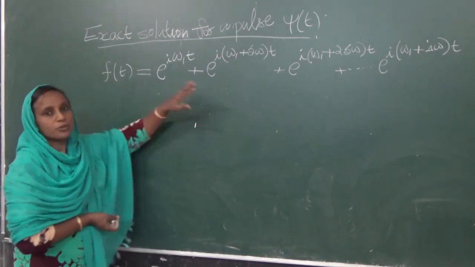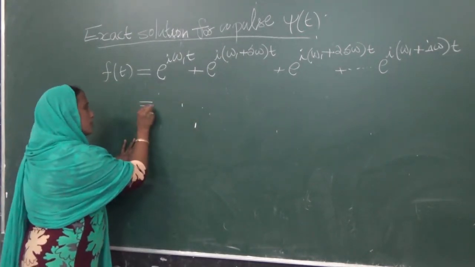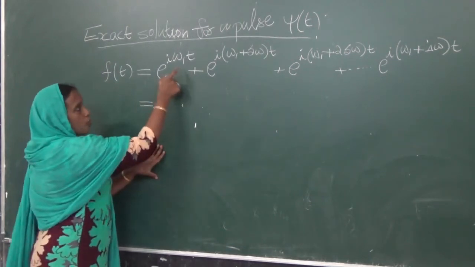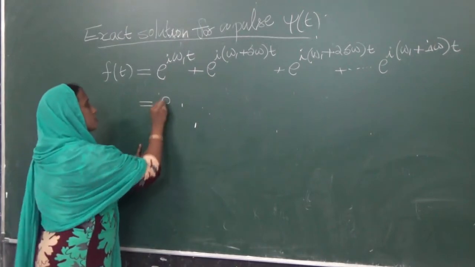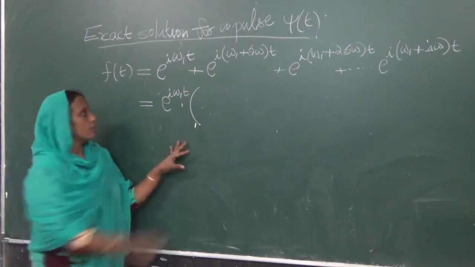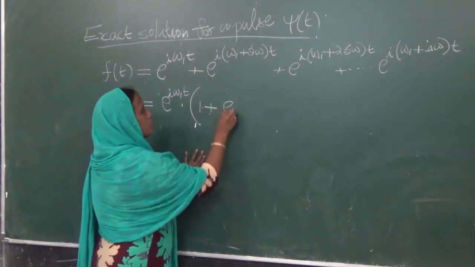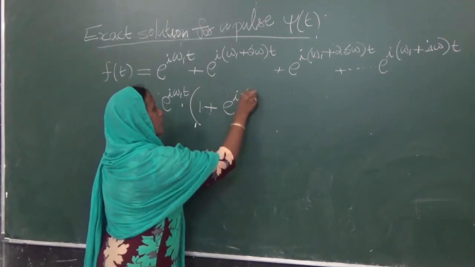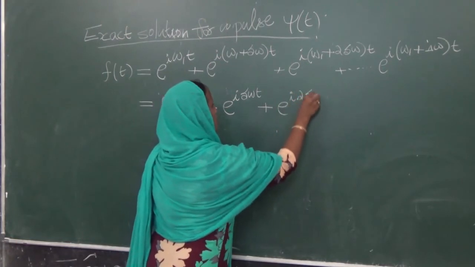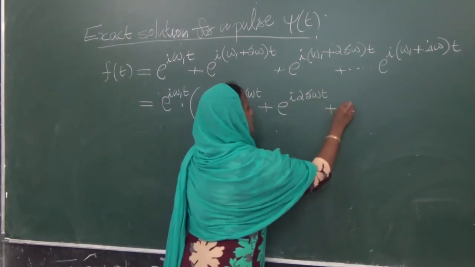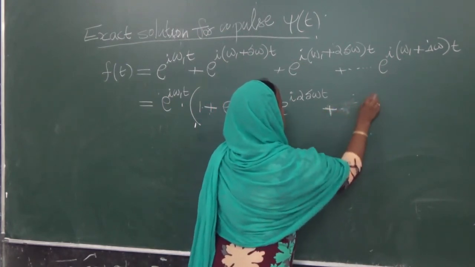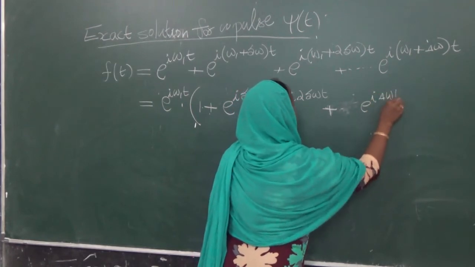Okay. So to simplify this, I am doing a simple rearrangement. Suppose I am taking e raised to i omega 1 t outside, then e raised to i omega 1 t, taking out 1 plus e raised to i delta omega t plus e raised to i 2 delta omega t plus etc. up to e raised to i n minus 1 delta omega t.